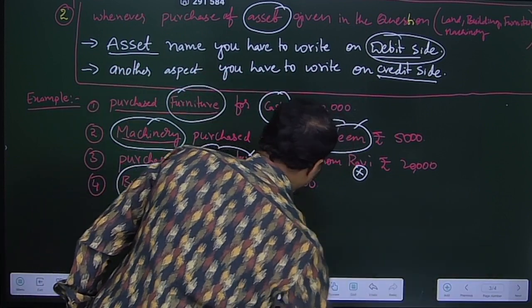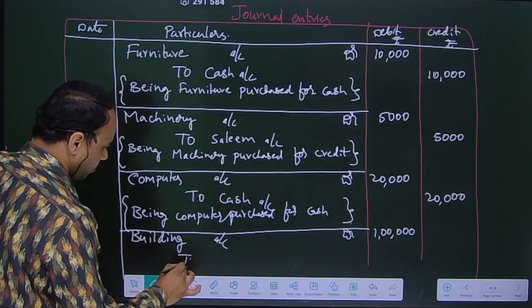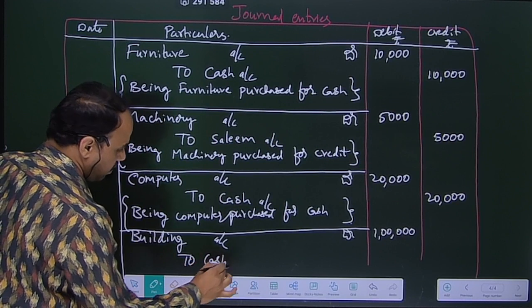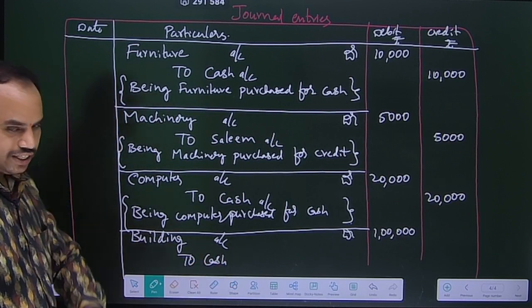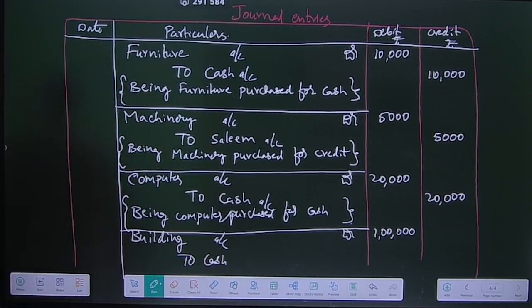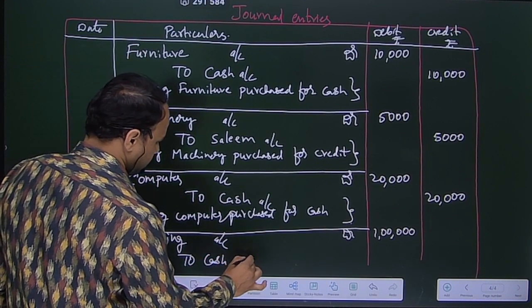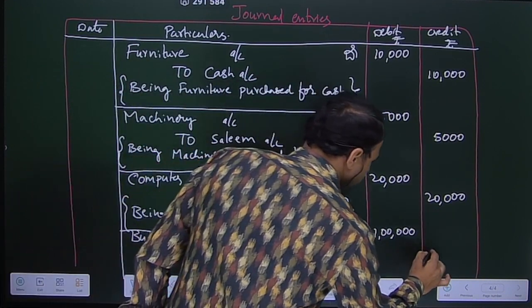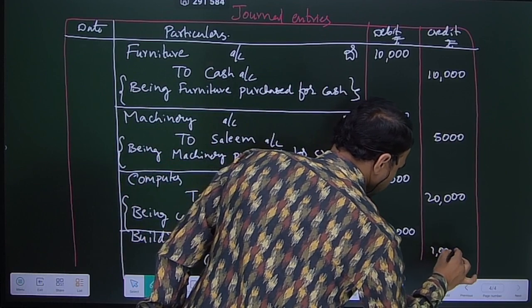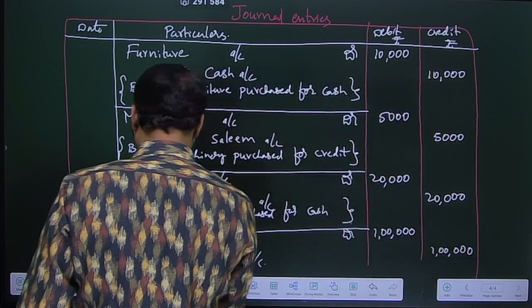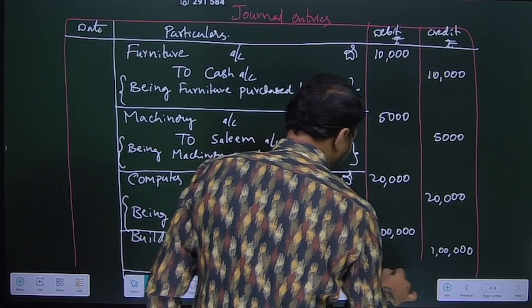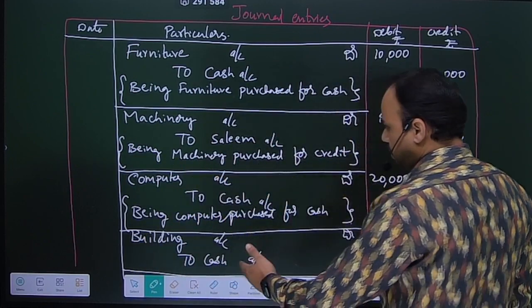So on the credit side we have to write to cash account, 1 lakh rupees. Narration, you know what to write: being building purchased for cash.